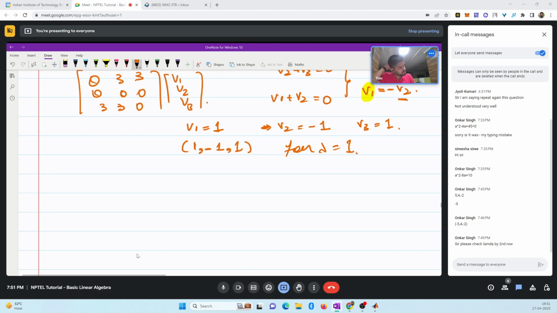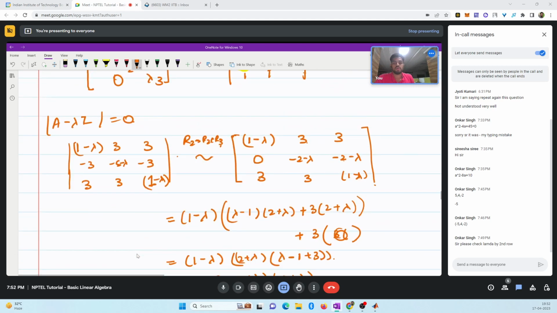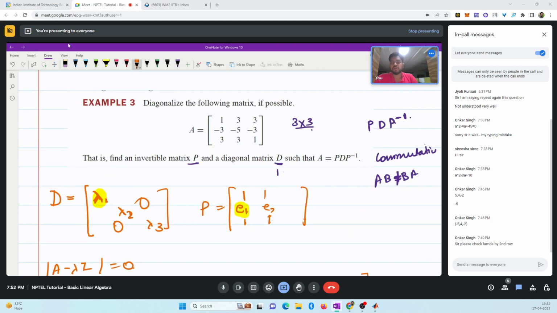Now we need to find eigenvectors corresponding to lambda equal to minus 2. Okay. So for lambda equal to minus 2, what matrix would I obtain?